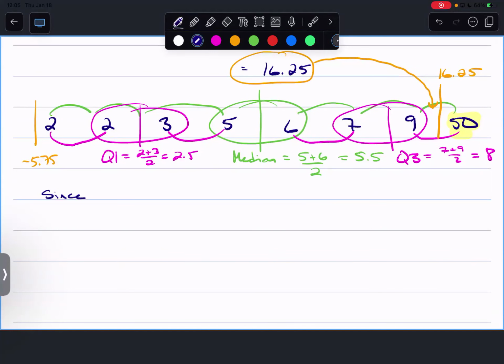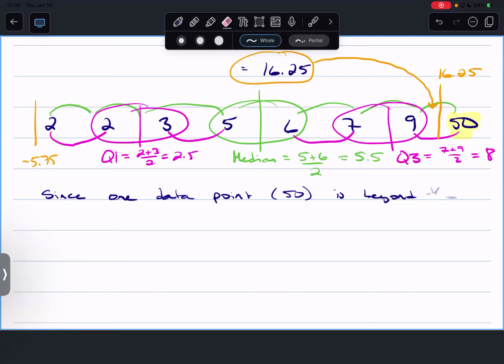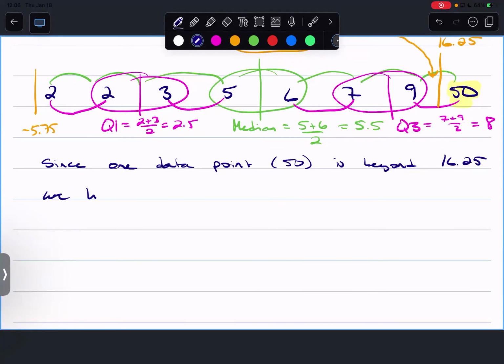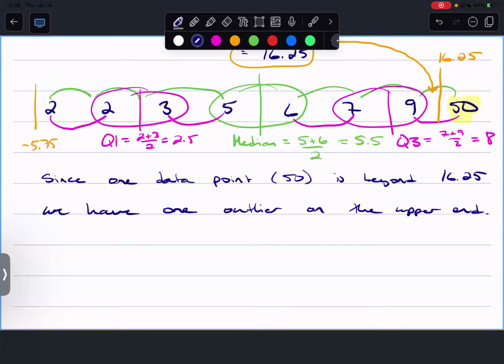Since one data point, and I'll just show off, it's always nice to show off, that data point is 50. Okay. So since one data point is beyond 16.25, we have one outlier on the upper end. Nice.